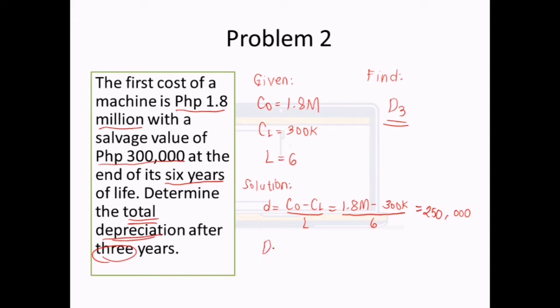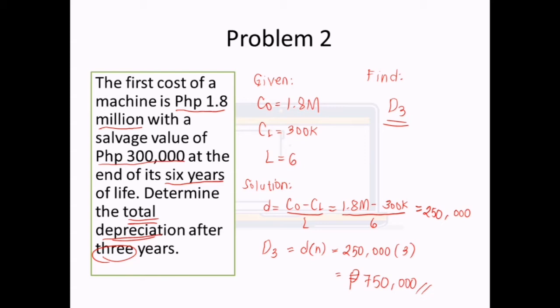Now we can solve for our total depreciation. Since this is constant, we can just multiply the depreciation with the number of years, or D times n. So we have 250,000 pesos per year multiplied by 3 years. And so simply we'll have the final answer of 750,000 pesos.